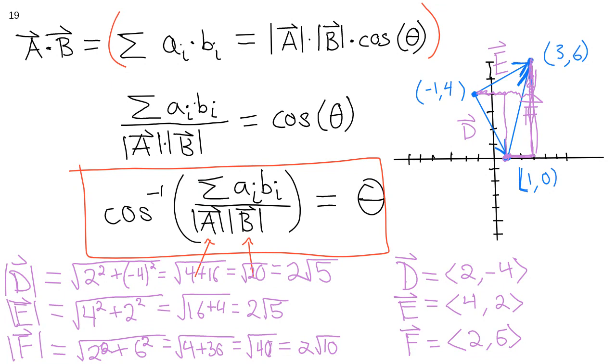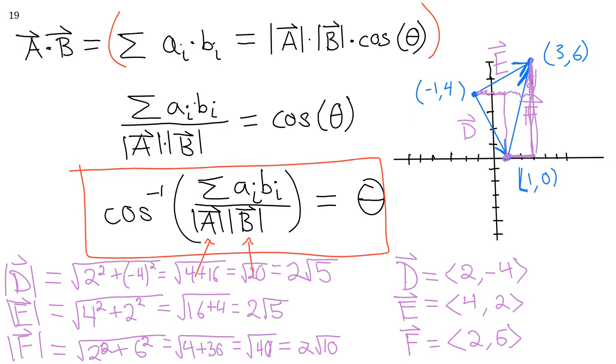Marcus, do you have a question? Yeah, so for the coordinates on the right, like 2, -4, 4, 2, 2, 6, I see how you got them, but why is it that you picked the further left point to do them, and afterwards you did the bottom point to find F? So to get D, you started from the left point, -1, 4, right?